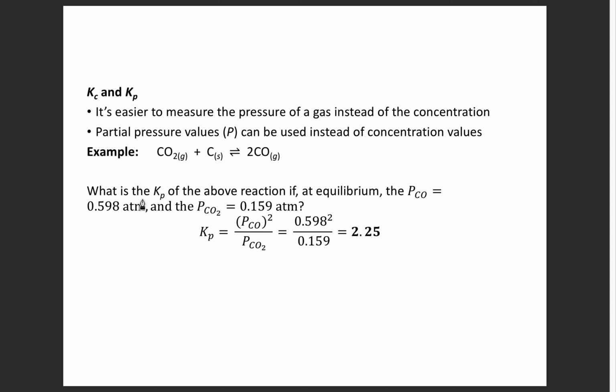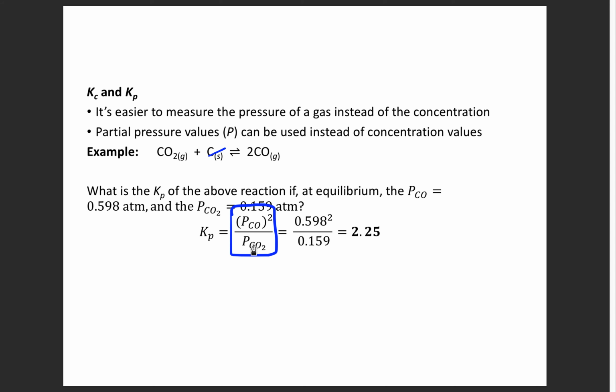Well, if they're asking us what is the Kp of the above reaction, if at equilibrium the partial pressure of carbon monoxide is 0.598 atmospheres and the partial pressure of carbon dioxide is 0.159 atmospheres, well, you're going to set everything up the same way, right? Products over reactants, all right? But we're going to ignore that because it's a solid.